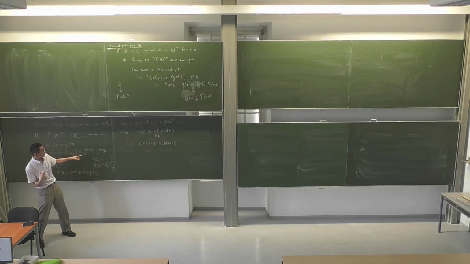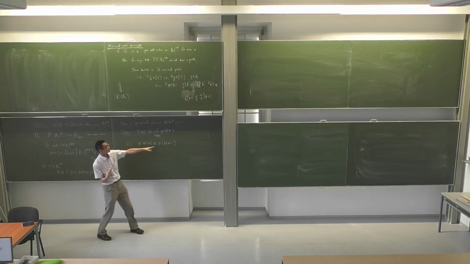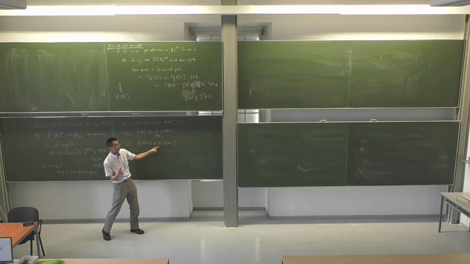Why? Because h of k plus 1 is an extension of h of k, so the inf is smaller. And we always take a minimal element. So if here is something like that, well, that is of course the inf.